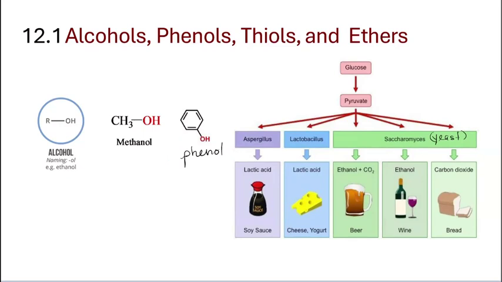When it comes to alcohol, it's important to notice that organisms in nature can actually produce alcohols. So if you have ever wondered, how is it that products like beer or wine obtain their alcohol? More specifically, the alcohol content in these products comes from ethanol.